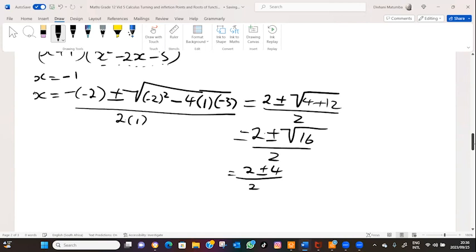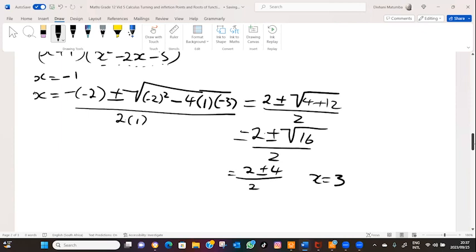So these are the two roots that we have. We have a plus and a minus root. So x will be 2 plus 4 divided by 2, which is 6 divided by 2, which is 3, or 2 minus 4 divided by 2.